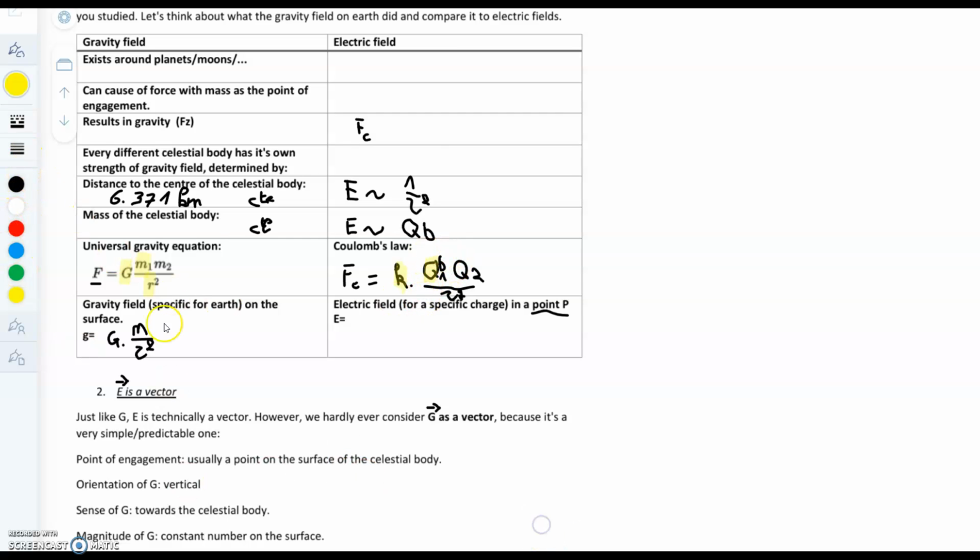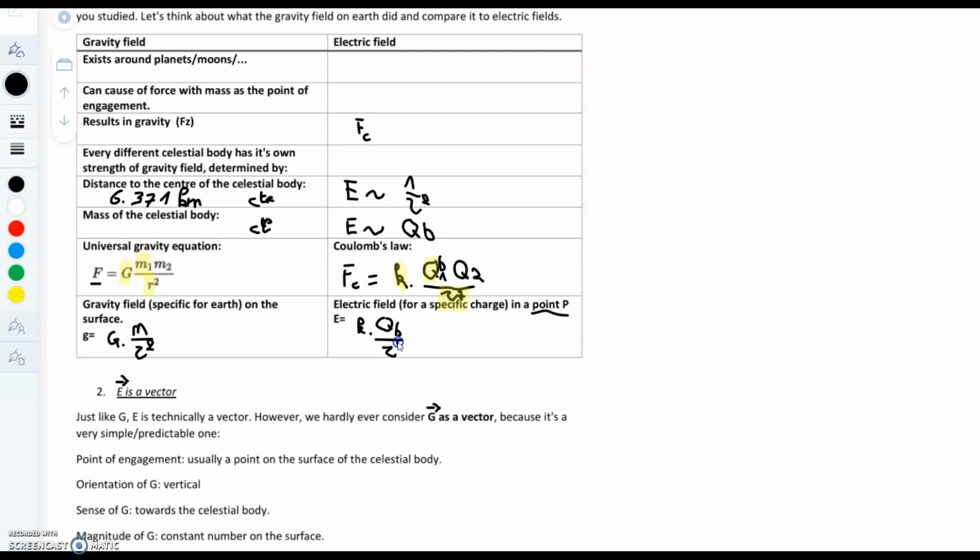And it is dependent on distance squared, meaning these two are enormously similar. If I want to know how strong my electric field is, it is essentially Coulomb's constant K times your source charge divided by the distance squared.